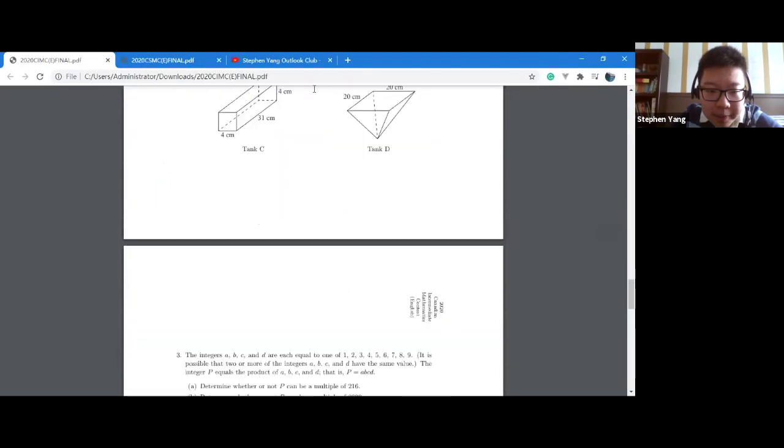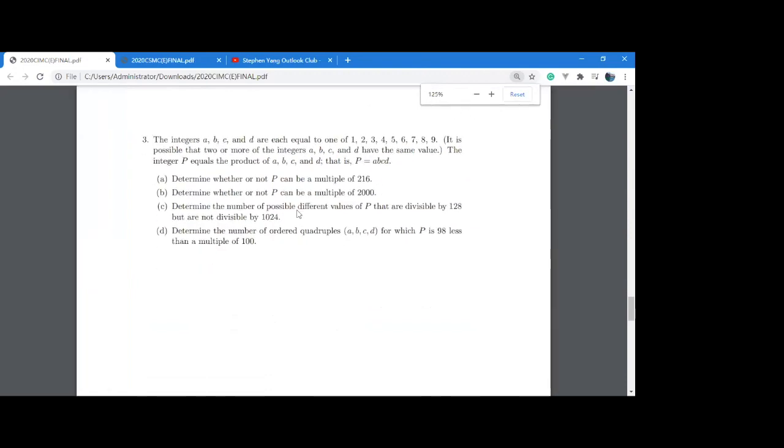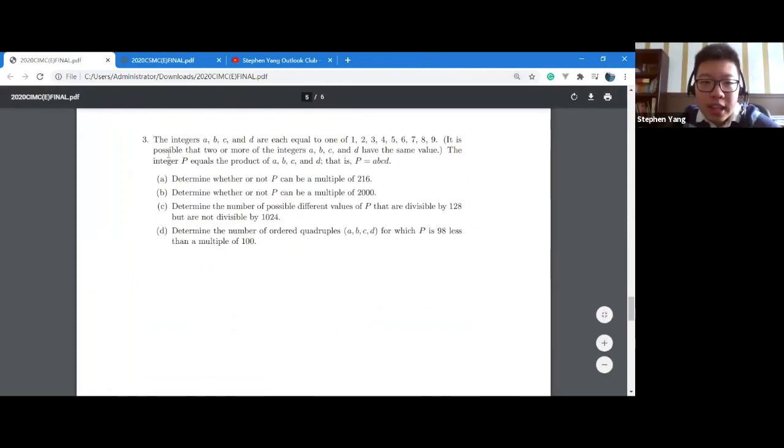Okay, so next I'll go for CIMC question B3, part C. The question is: the integers a, b, c, d are each equal to one of 1, 2, 3, 4, 5, 6, 7, 8, 9. It is possible that two or more of the integers a, b, c, d have the same value. The integer p is equal to the product of a, b, c, d, that is, p equals a times b times c times d.